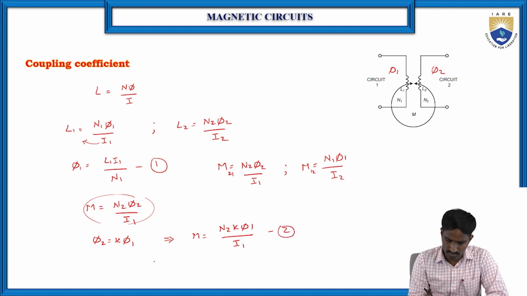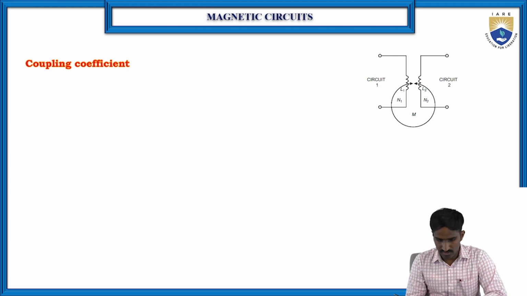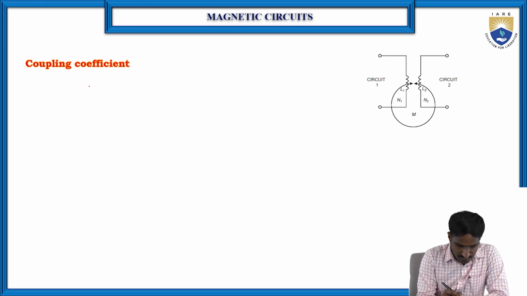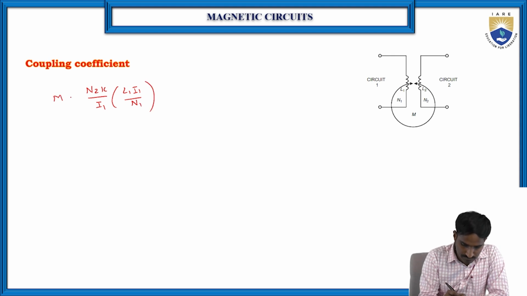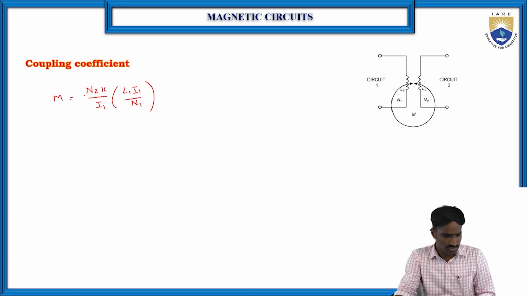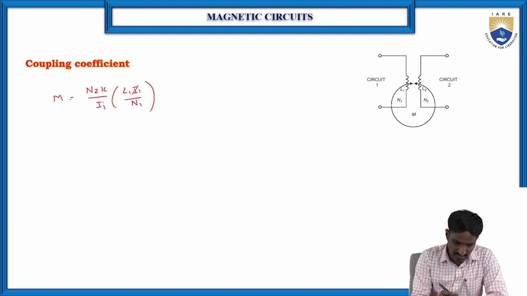From equation number 1 we know the value of phi 1, so substitute equation 1 in 2. Then this becomes M is equal to N2 k by I1 into L1 I1 by N1. We can simplify because I1 gets cancelled.